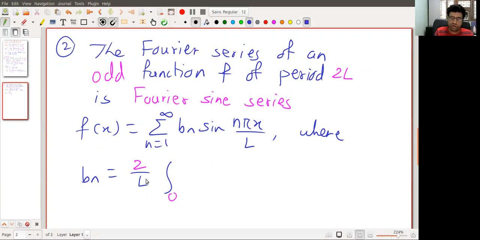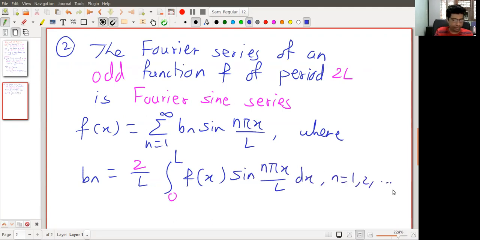Earlier we were having 1 upon L integral from minus L to L. So these are the changes shown in different color. f of x sine n pi x by L dx, n is 1, 2, etc.